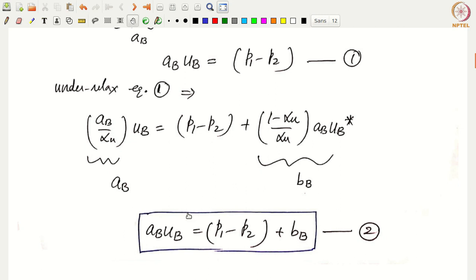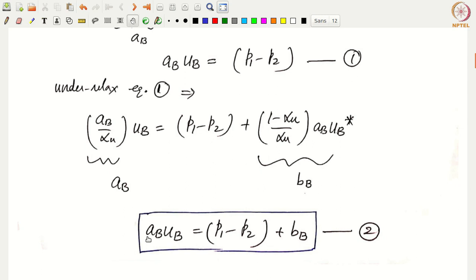So A_B U_B equals P1 minus P2 plus this term, which is a known quantity and would be called B sub B. So A_B U_B equals P1 minus P2 plus B_B, and that is your equation 2, which is the underrelaxed form of equation 1.